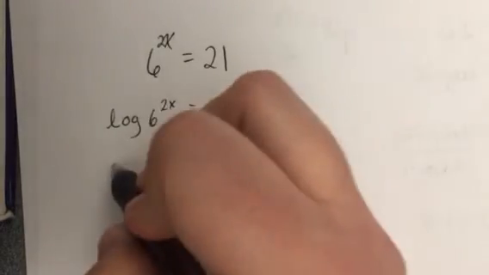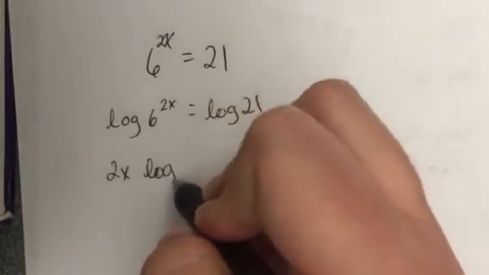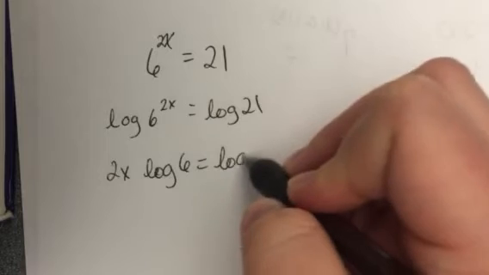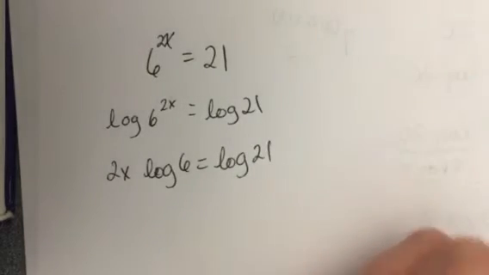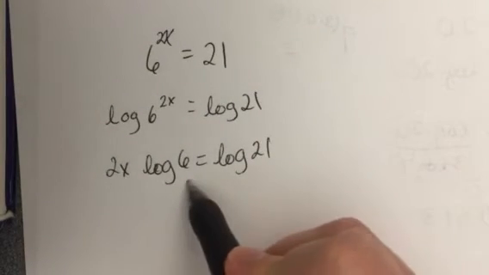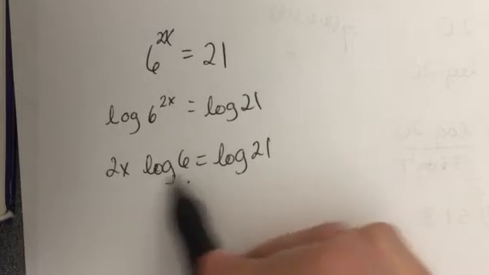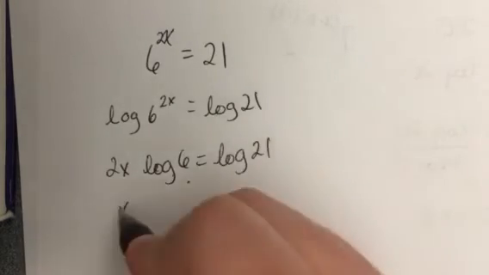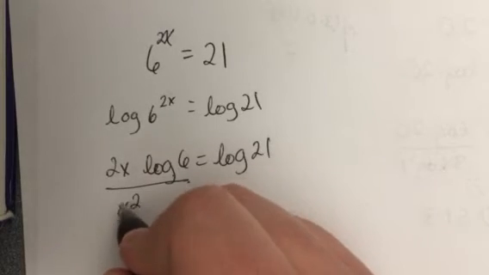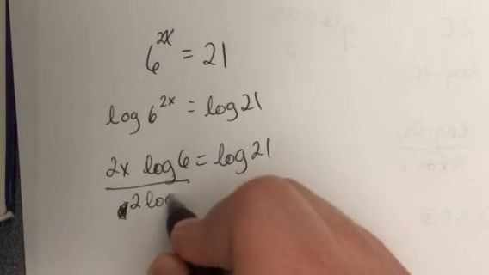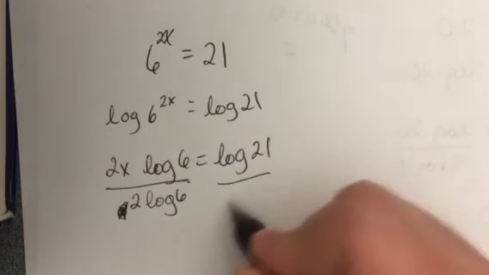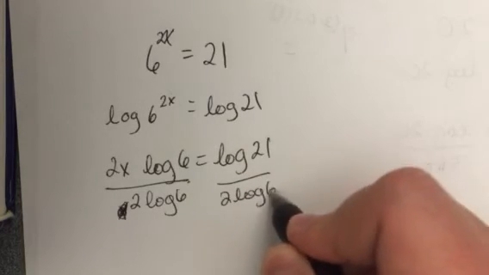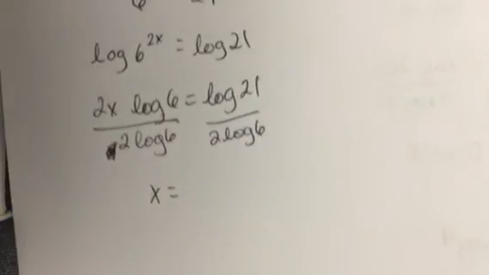Bring your exponent down in front. Now we remember we want to divide by all of this stuff except for the x. Leave the x by itself, right? So we're going to divide by the 2 log of 6 on this side. We're left with x equals log of 21 divided by 2 log of 6.